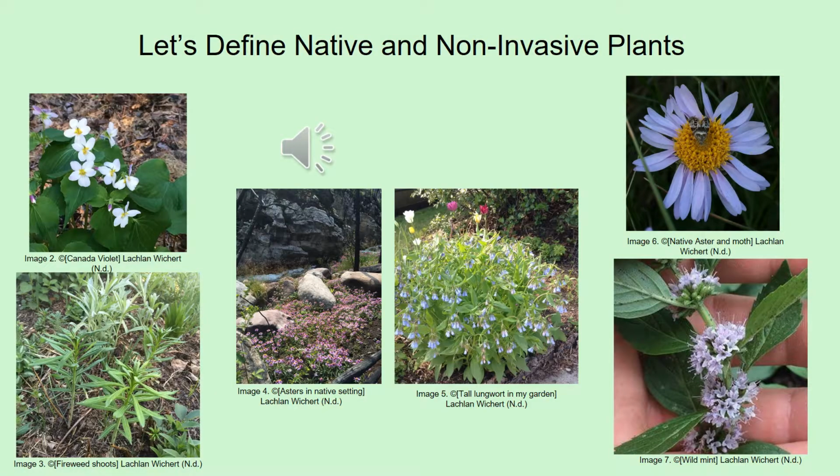So the first thing to talk about is definitions, the definition of a native plant and a non-invasive plant. The USDA describes a native plant, paraphrasing, as one that has existed in a particular location for hundreds or thousands of years, basically.